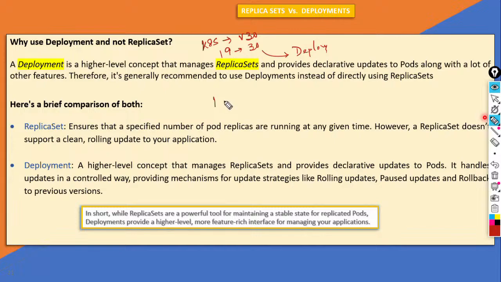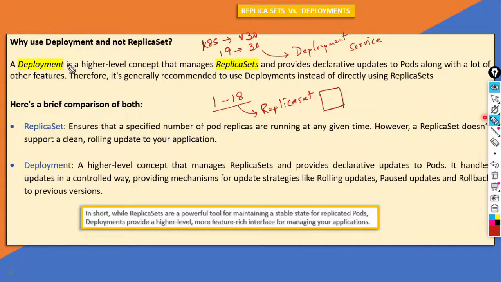From Kubernetes version 1 to 18, you had replica set. This is an object of Kubernetes. Deployment is an object, like service is an object of the Kubernetes manifest file. Similarly, replica set was a manifest file. But prior to version 19, from 1 to 18, you have replica set. So this is not very flexible. We never use it now.